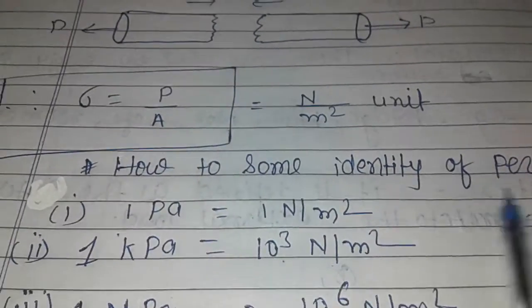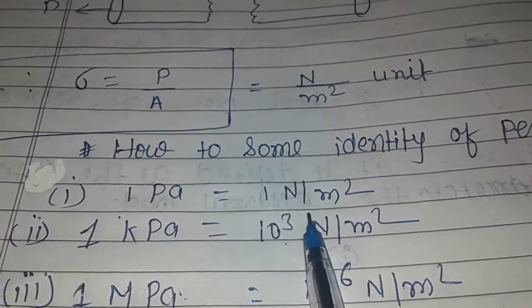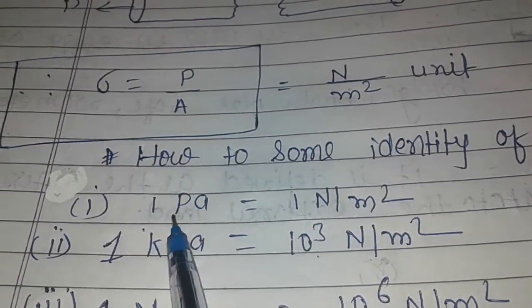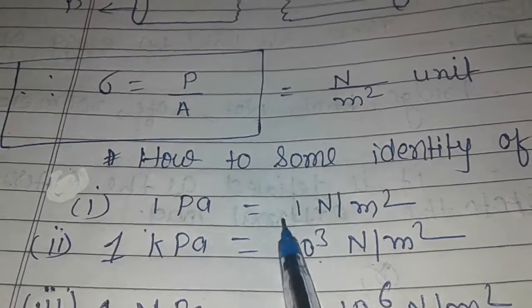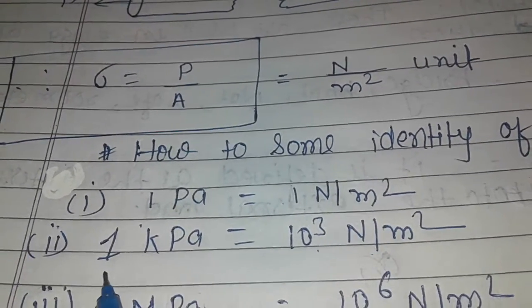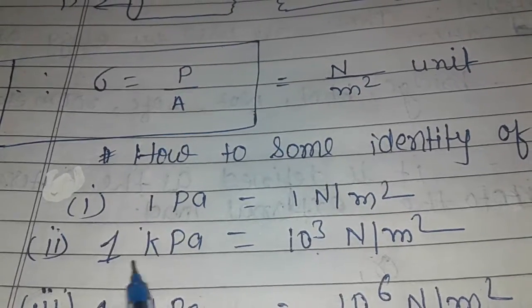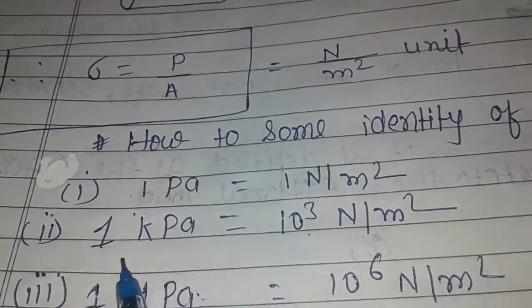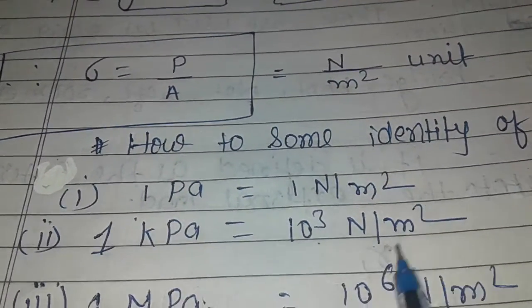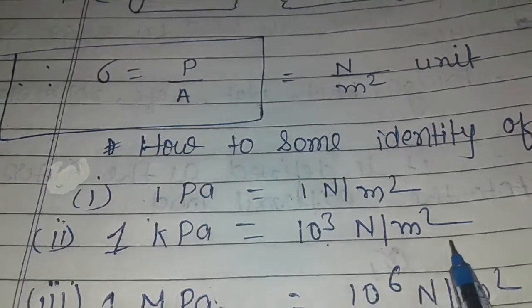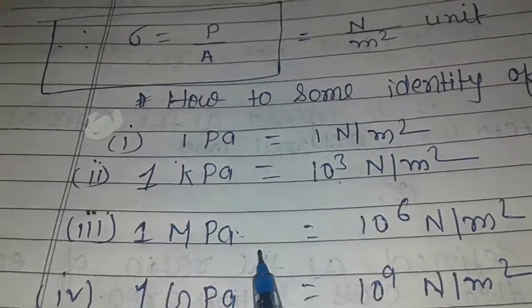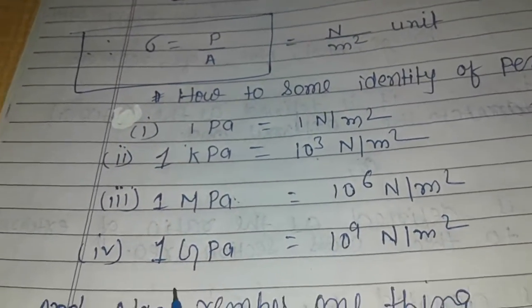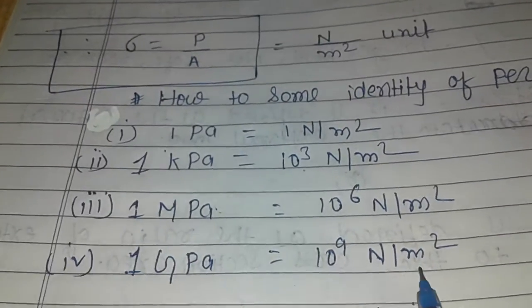How to identify the prefixes: 1 Pascal is equal to 1 Newton per meter square. 1 kilopascal, where kilo is 10 to the power 3. 1 megapascal, where mega is 10 to the power 6 Newton per meter square. 1 gigapascal is 10 to the power 9 Newton per meter square.